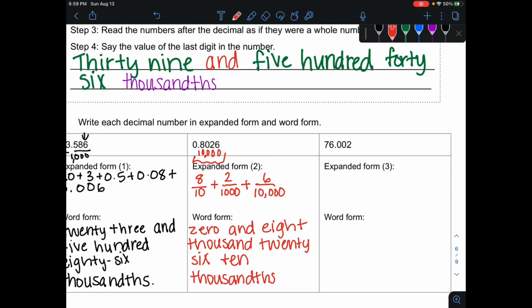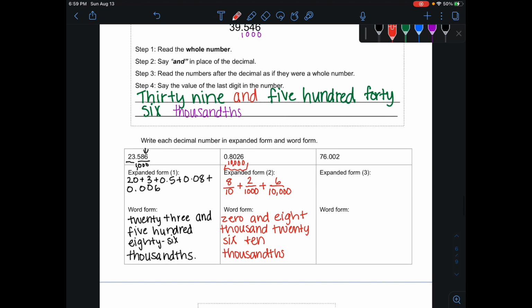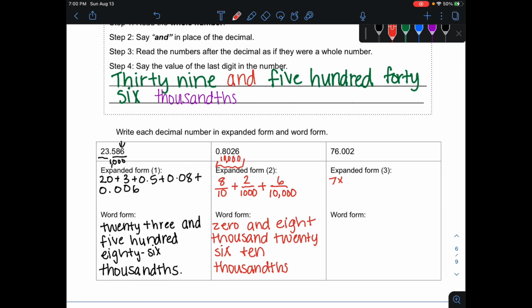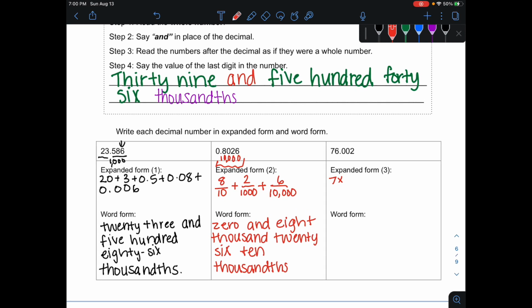So we have 7 times 10 plus 6 times 1 plus 2 times 1 over 1,000, right? So that's how you would write it.